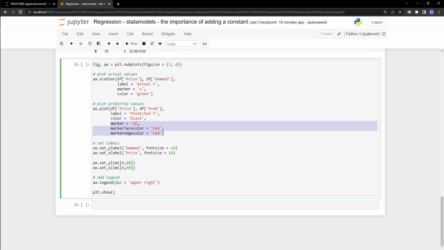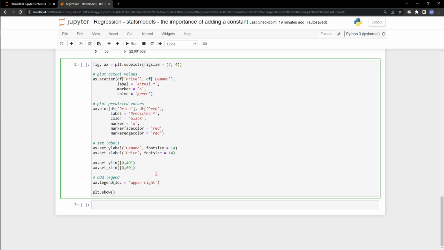And we want the marker to be round and the color of the marker to be red. And then we want to have some labels on the x-axis and the y-axis, and we set the limits such that we include the origin on the y and the x-axis.